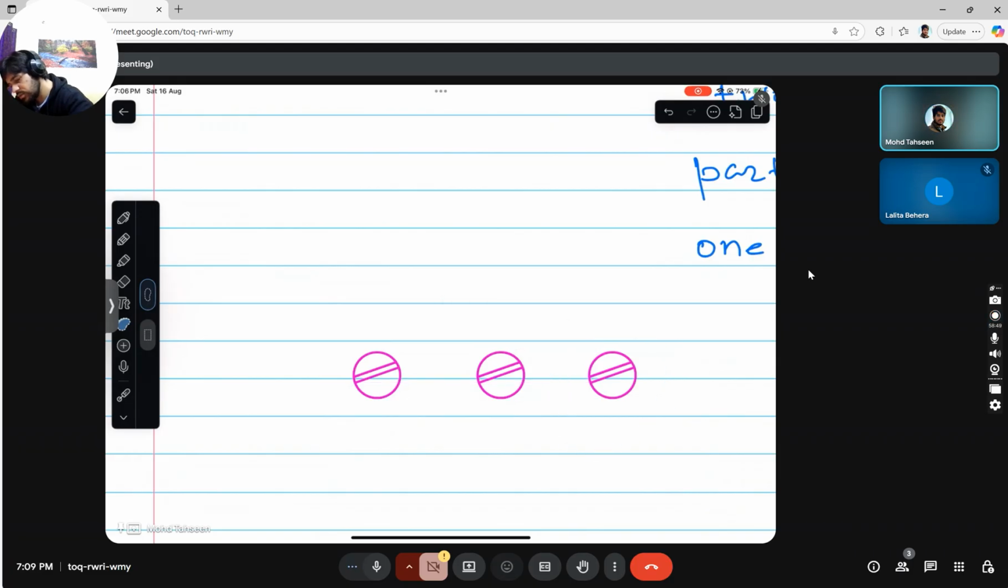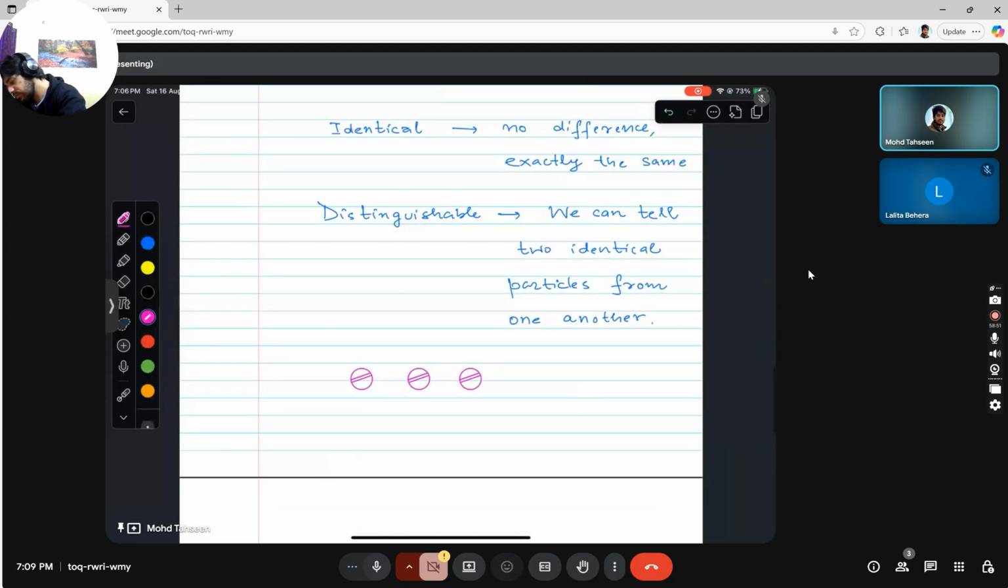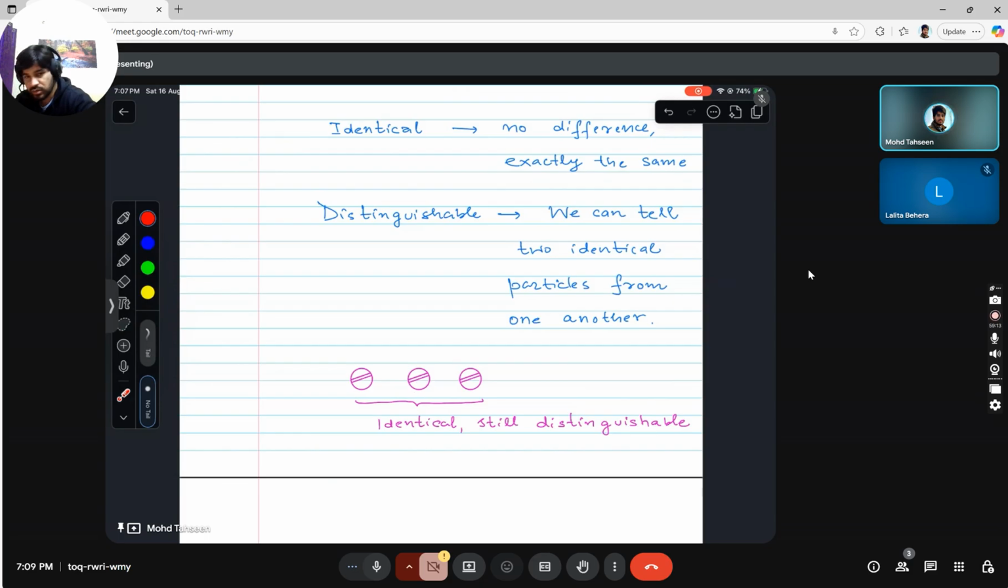So these are all identical. There is no difference between one and the other. But they are still distinguishable. We know that this ball is different from this ball, different in terms of its identity, right?